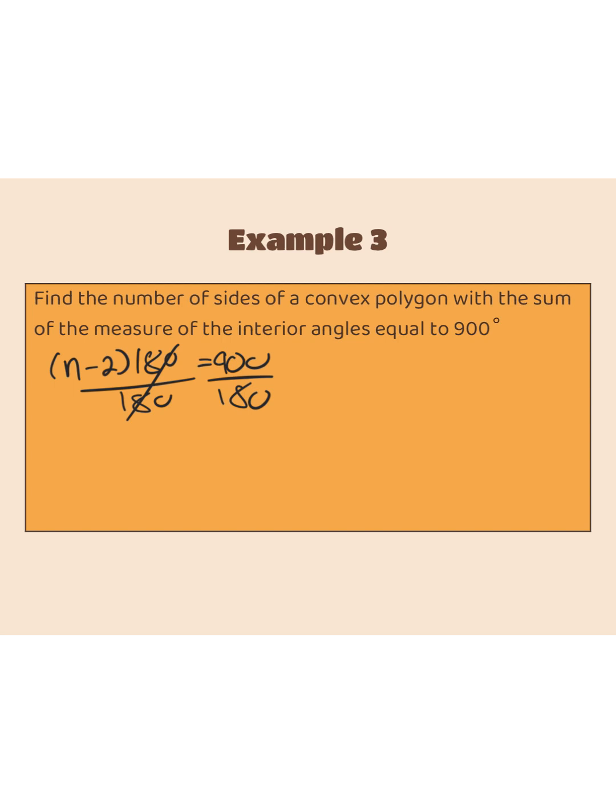So 900 divided by 180 gives n minus 2 is equal to 5. I will then add 2 on both sides, and I get that the polygon has 7 sides. Because it has 7 sides, it's a heptagon. That is how you find how many sides from the sum of the interior angles.